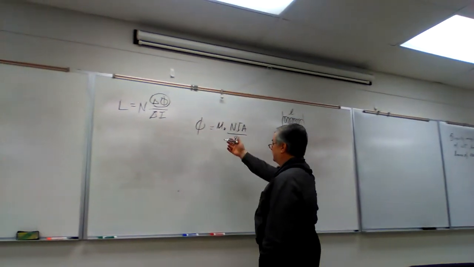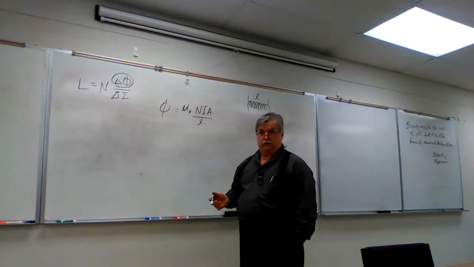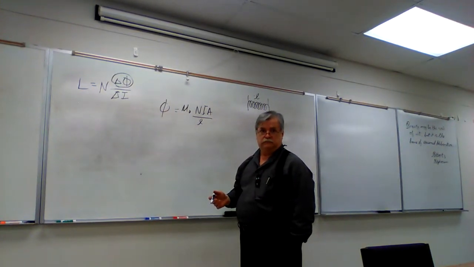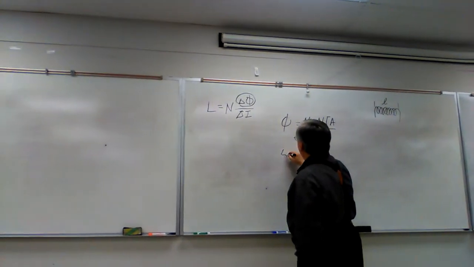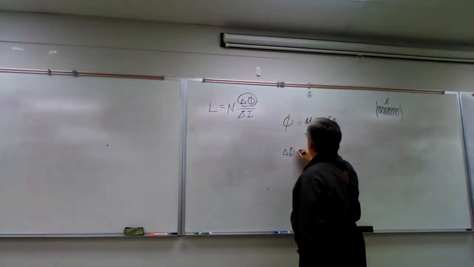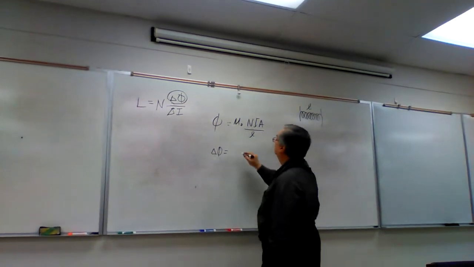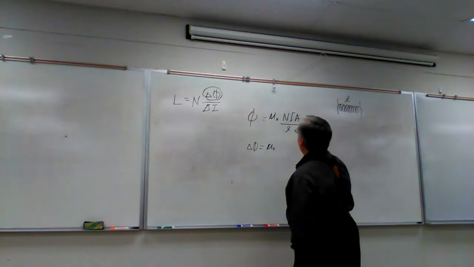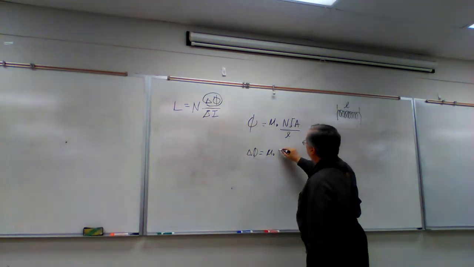So, if that's phi, what would delta phi look like? Changing flux and changing time. Mu sub naught doesn't change. The number of turns doesn't change.